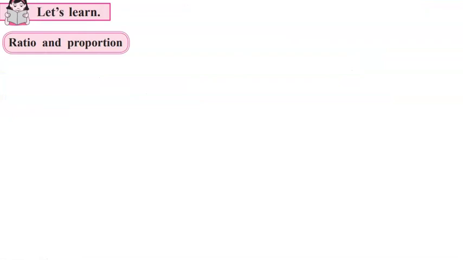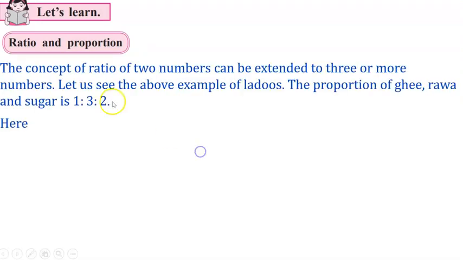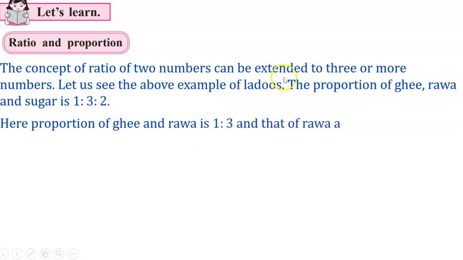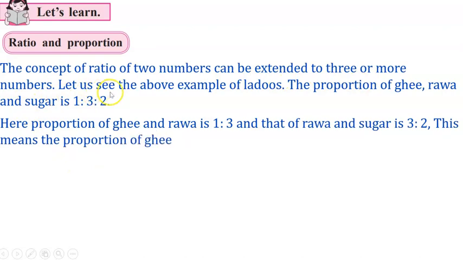Now let's learn ratio and proportion of more than two numbers. The concept of ratio of two numbers can be extended to three or more numbers. Let us see the above example of laddus. The proportion of ghee, rava and sugar is 1:3:2.